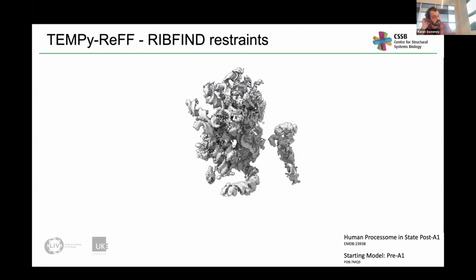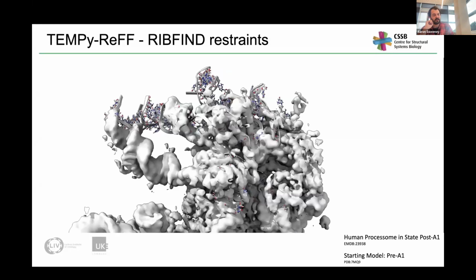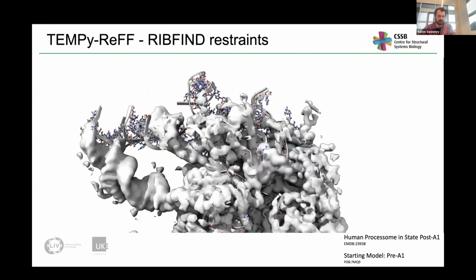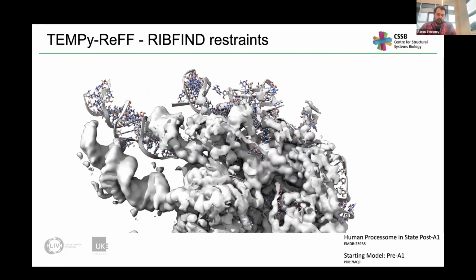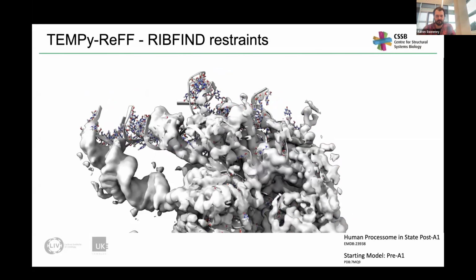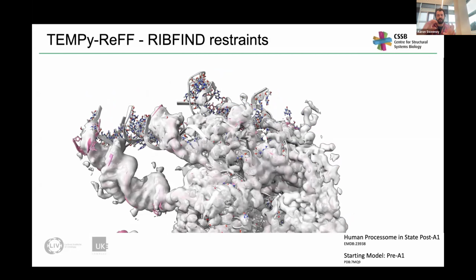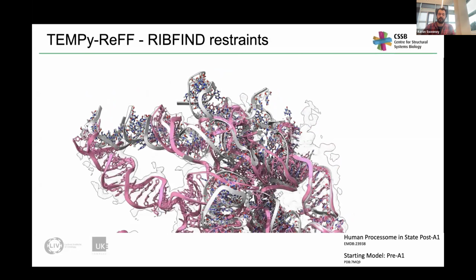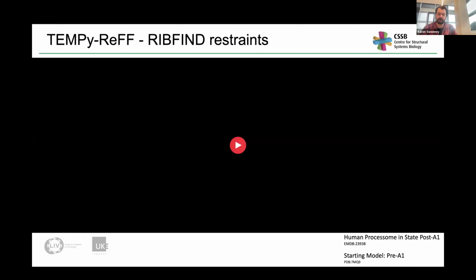That's the reconstruction, and our starting model is in the pre-A1 conformation. You can see during the fitting process, I'm going to zoom in now, that the structure ends up getting a bit distorted in this region here, because it was so far from the correct position, it gets pulled into the wrong bits of density.